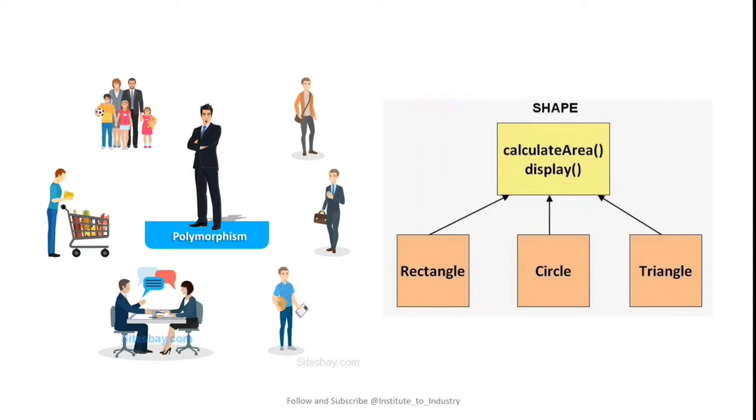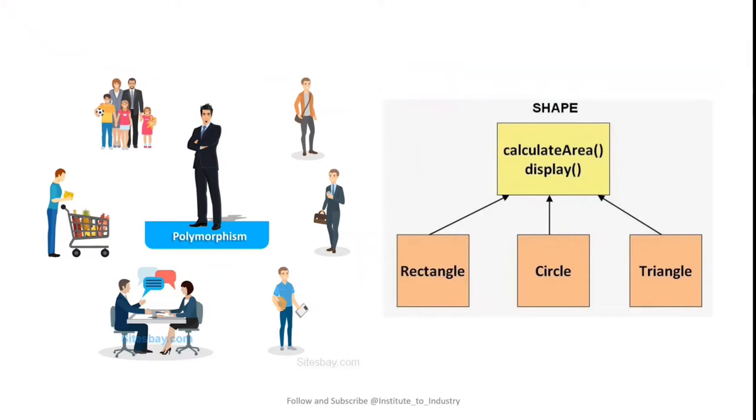That particular work will behave in a different manner. For example, if he is going to a shop, he will behave as a customer, and if he is going home, he will act as a family man, and if he is enjoying with friends, he will act as a friend, so he will have fun. This is how polymorphism works.